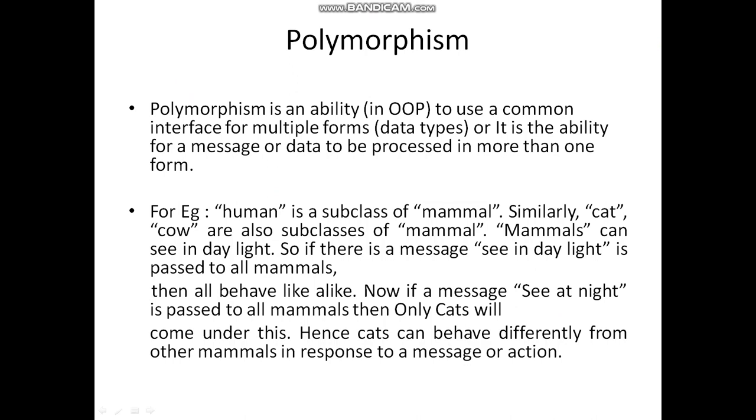Here you can see that, for example, human is a subclass of mammals, right? Similarly, cat and cow are also subclasses of mammals. So suppose I am giving a message like see in daylight for the mammals, then which all will respond back?